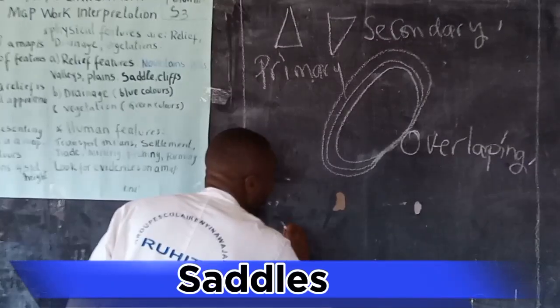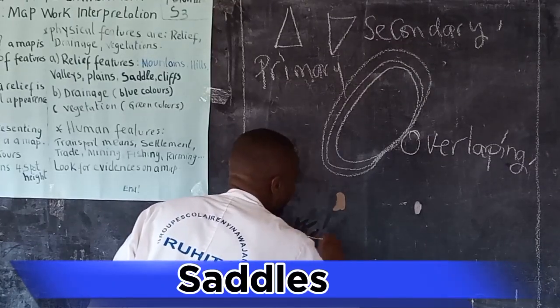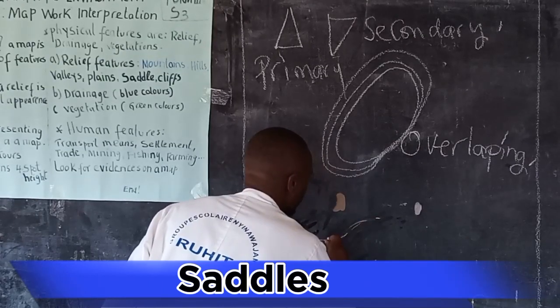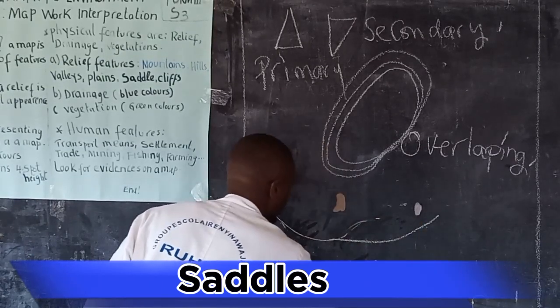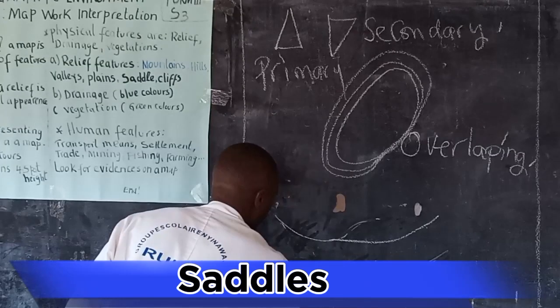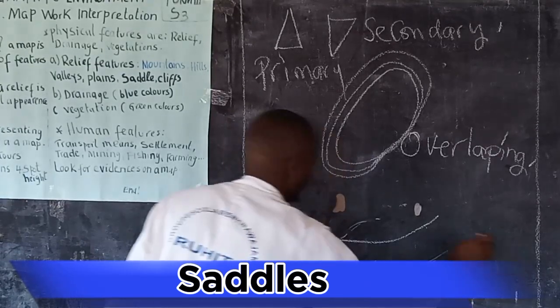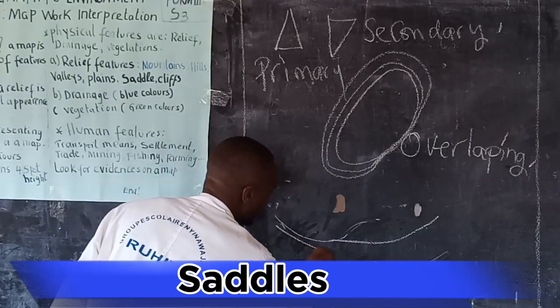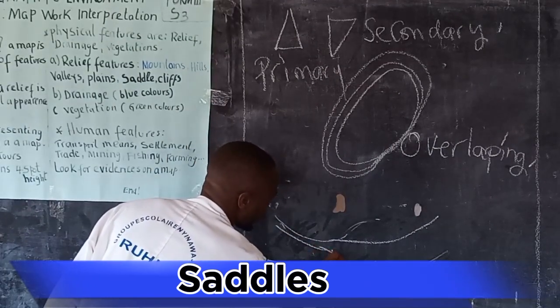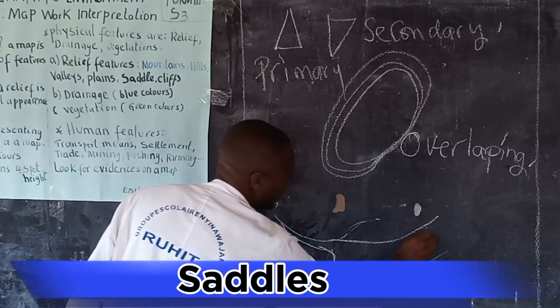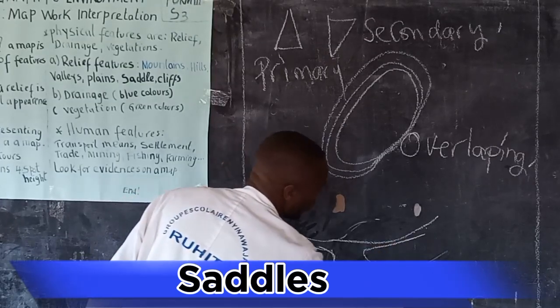We have here saddles. Saddle, it is what? Saddle, it is a place of depression between two hills.